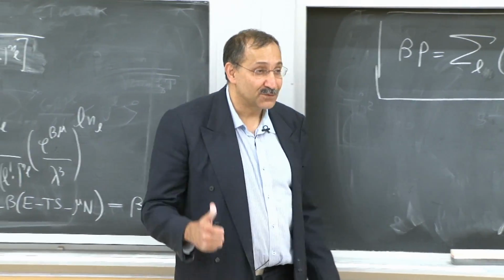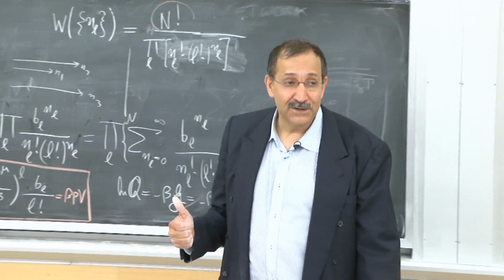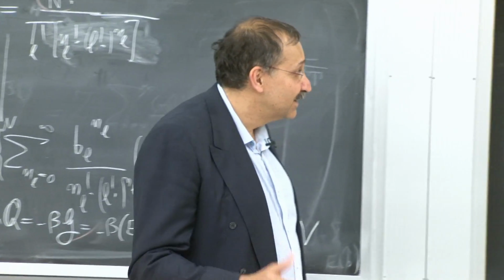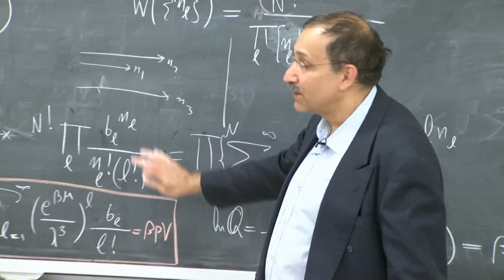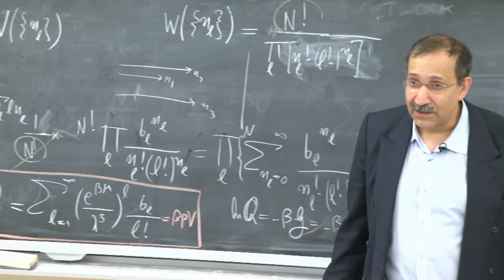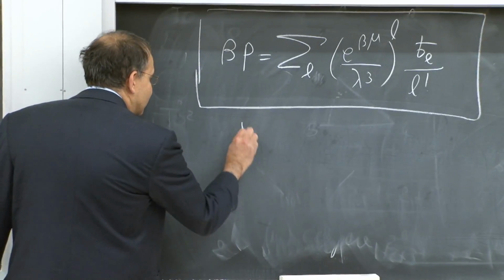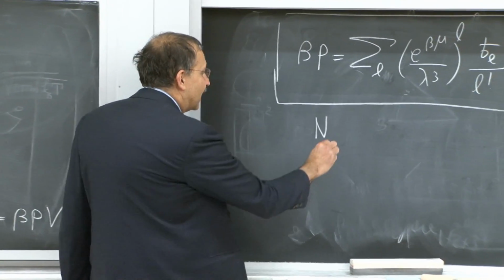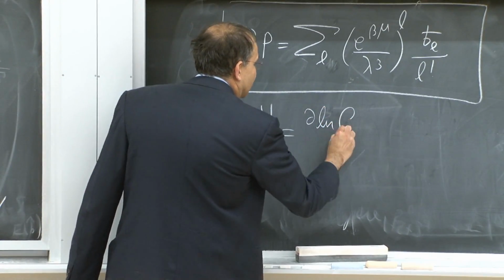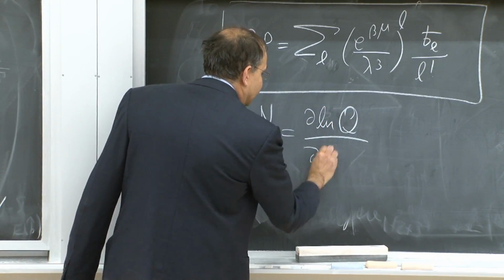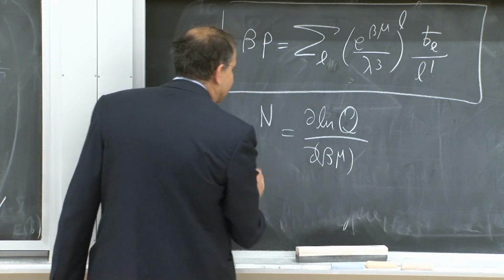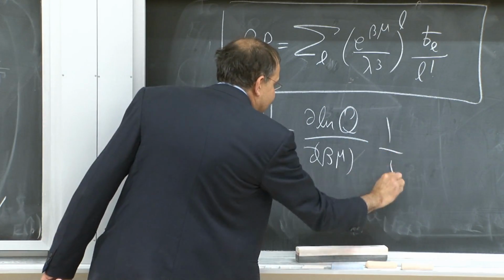So whether or not the terms in this expansion become smaller or larger will depend on density in some indirect way. So my next task, which I will do next lecture, is within this ensemble, I have told you what the chemical potential is. Once I know what the chemical potential is, I can calculate the number of particles as d log Q by d beta mu, and hence I can calculate what the density is.